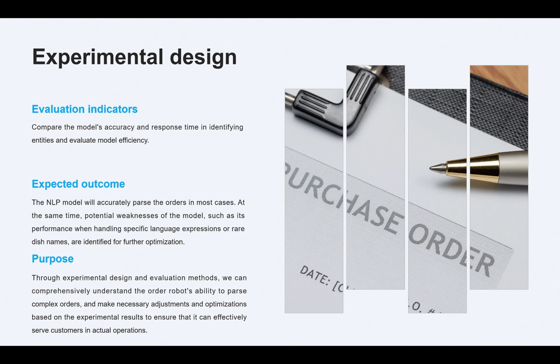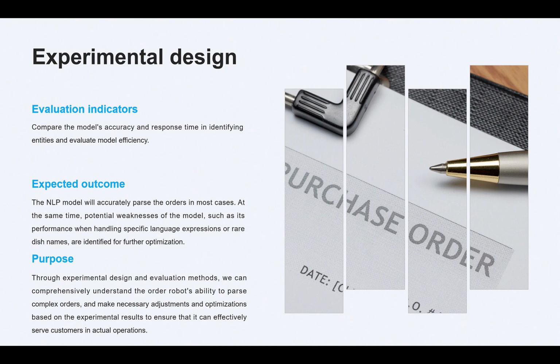Through this experimental design and evaluation method, we hope to fully understand the ability of the ordering chatbot in parsing complex orders, and make necessary adjustments and optimizations based on the experimental results to ensure that it can effectively serve customers in actual operations.